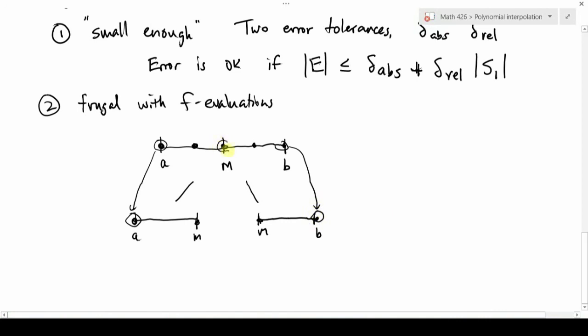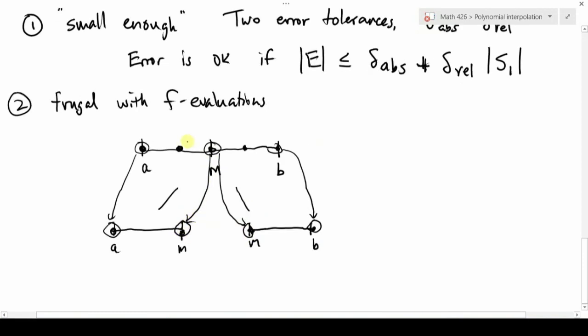Same for f of m. That gets reused twice. And not only that, but this point here is the new m in this interval. And this point here is the new m, the new midpoint in this interval. So really, all of these 5 evaluations we did up here can be recycled and used at the next level down.